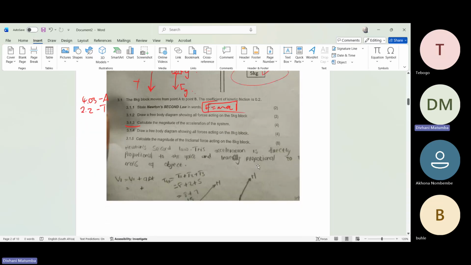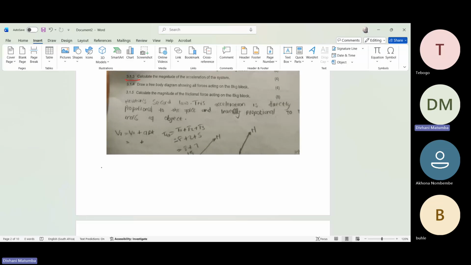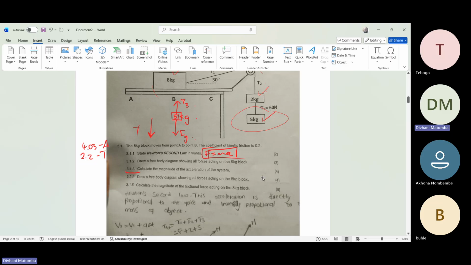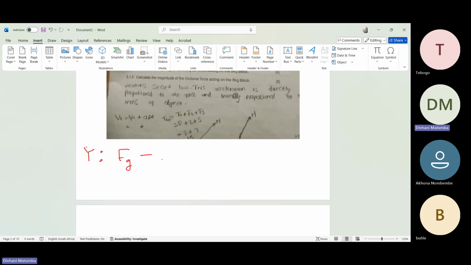So resolving in the y direction, the force of gravity, or weight, will be positive: Fg minus T3, because it is pointing upwards, equals net force in the y.